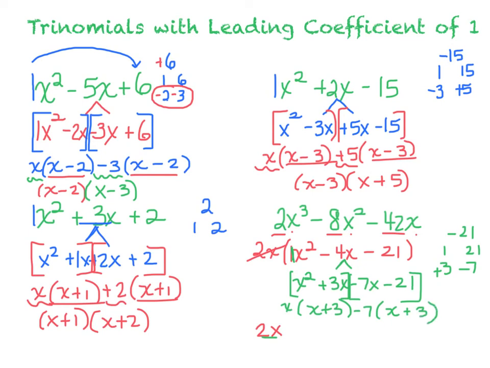Here's negative 7 times positive 3 gives me the negative 21. It would be really easy to drop a negative in there, but a negative times a negative would make this a positive 21. That makes my groups match, so x plus 3 is my first factor, and whatever's left is my second factor.